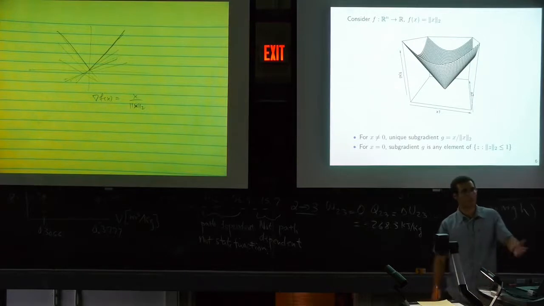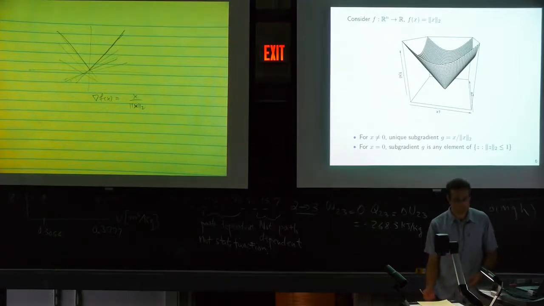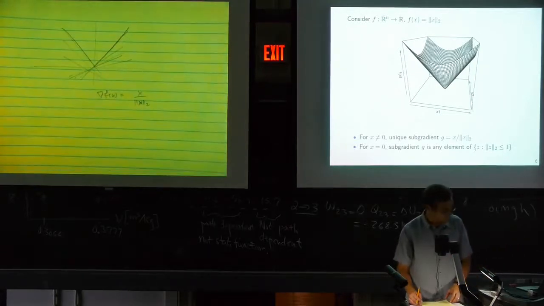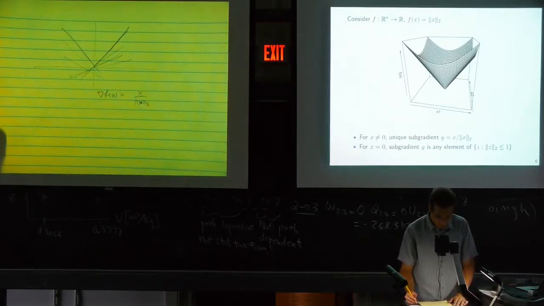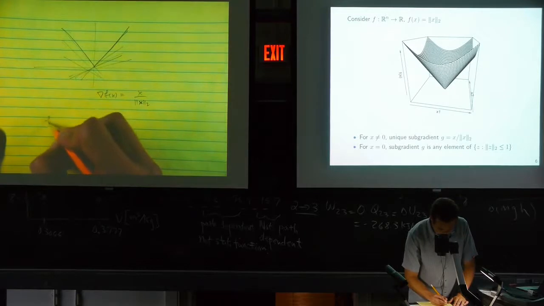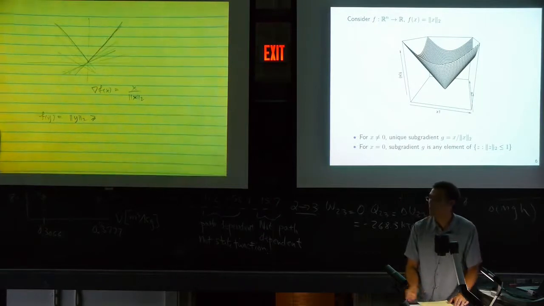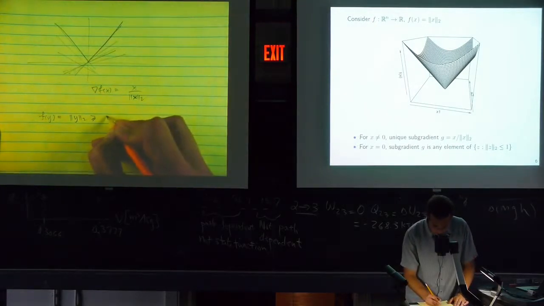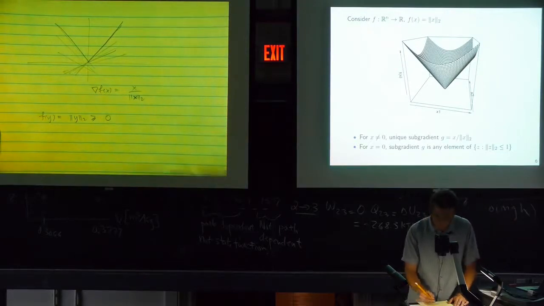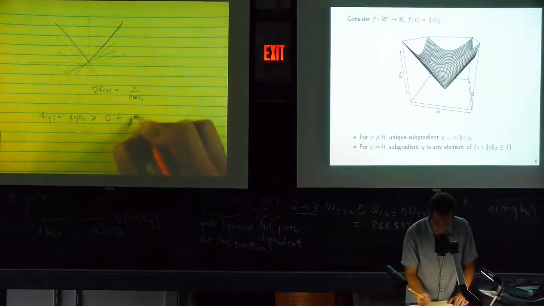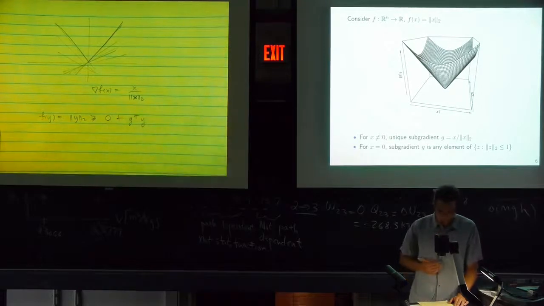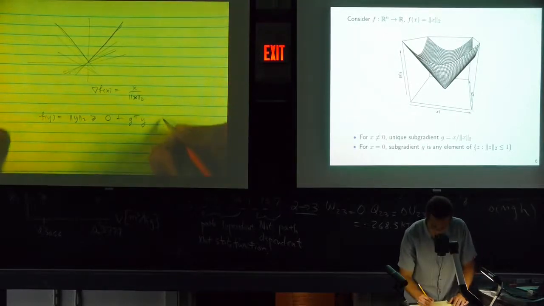Okay, so we can look at this a bunch of different ways, geometrically or from the definition. We looked at the last one geometrically, so we'll look at this one from the definition. So we need that f of y, which is the L2 norm of y, has to be bigger or equal to f of x. X was 0, and so the L2 norm of 0 is just 0, plus g transpose y minus x, g transpose y. That has to be true for all y.